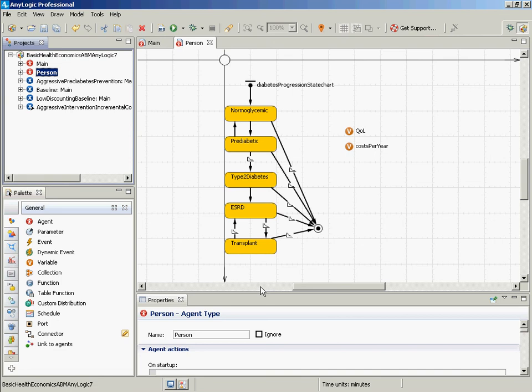I'm going to put a bar over it to indicate none. This would be no kidney disease, and this would be with kidney disease. And this one, you have no heart disease and you have heart disease. And each one of these would store a number for quality of life, say. And you could have a similar one for cost per year and look it up.